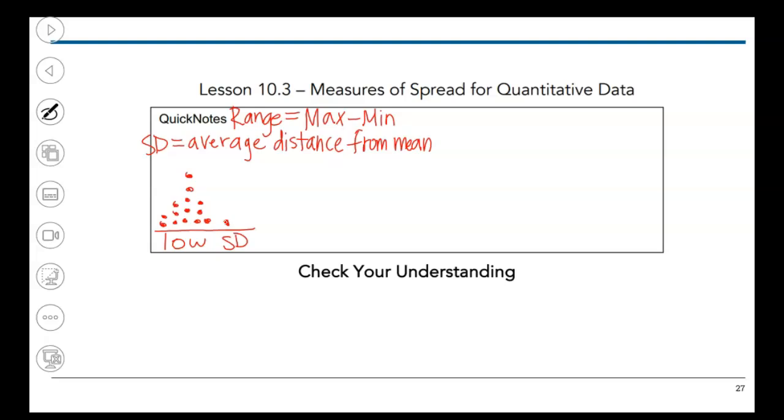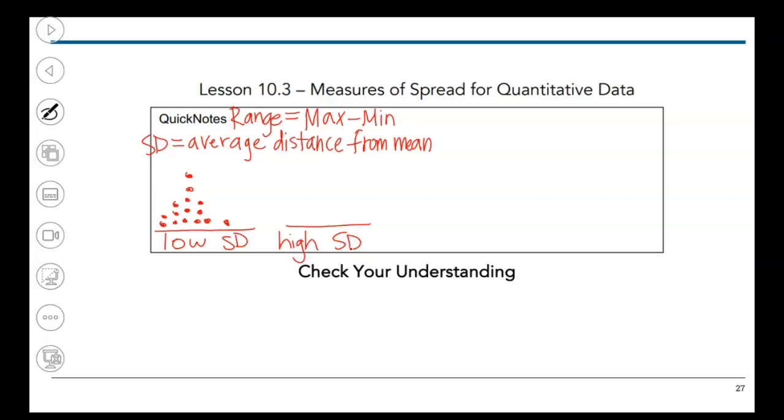And in our company A and B, who had a low standard deviation? Whose was lower? We just finished it on the gold paper. B, yeah.